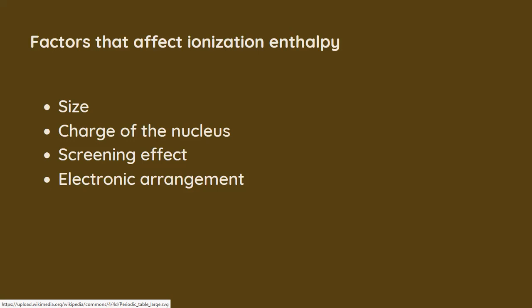Screening effect is shown by the inner electrons, and due to this, the ionization enthalpy will decrease. And for the electronic arrangement, especially half-filled and completely filled orbitals, it is more difficult to remove the electrons, and so the ionization enthalpy will increase.